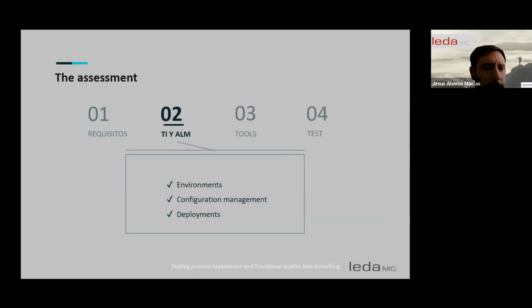For this part, IT or application life management, we will look for information such as whether there are environments specifically for testing, and whether these environments exist and their relationships to the rest of the environments.